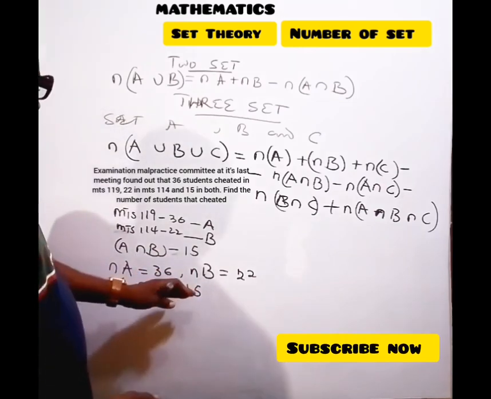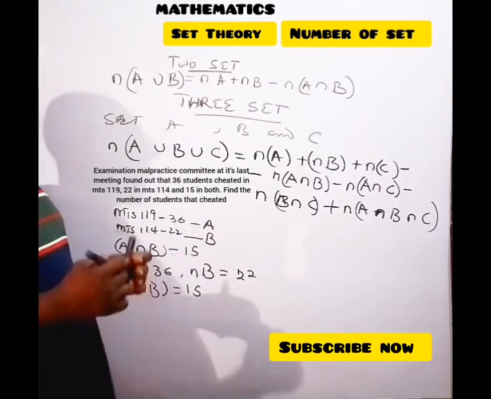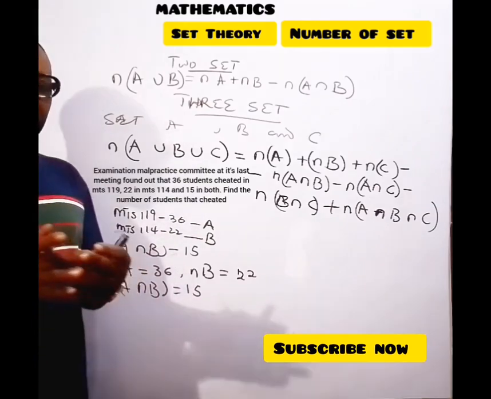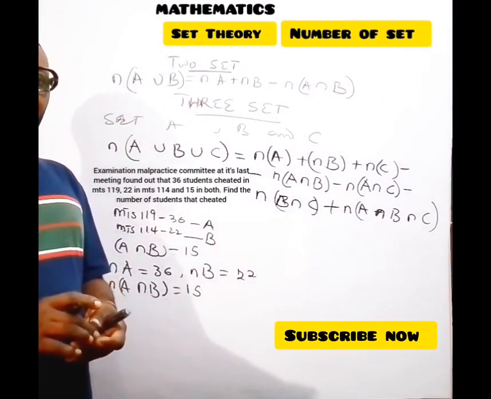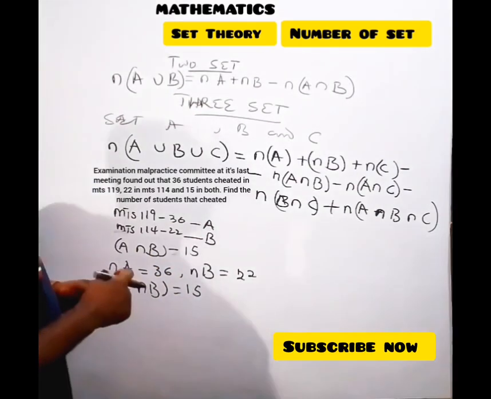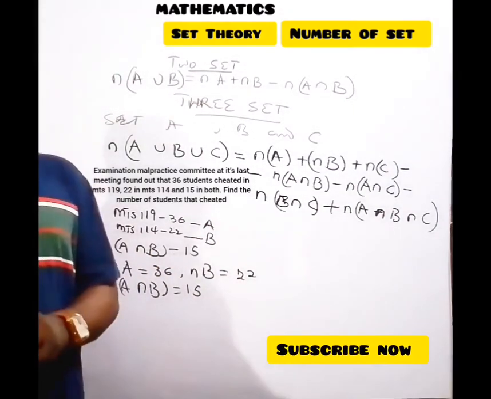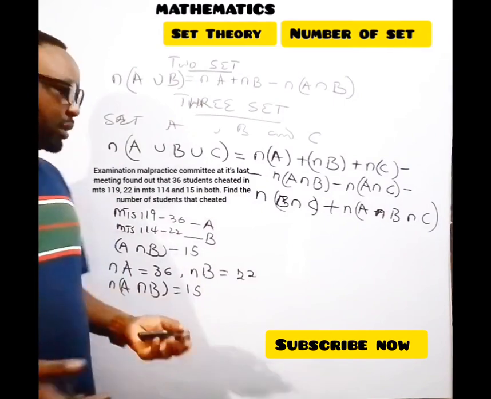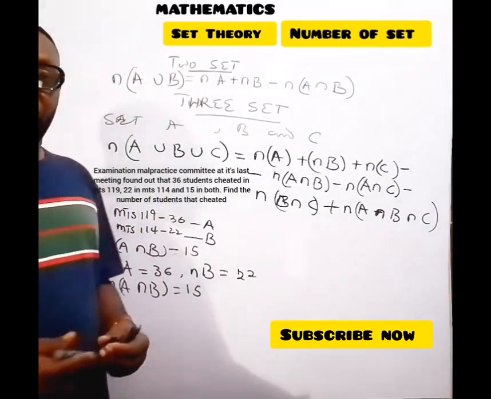Now, having got all this, find the number of students that cheated. We have not known the total number of students that cheated, but the examination malpractice committee only brought out these particular figures for us.